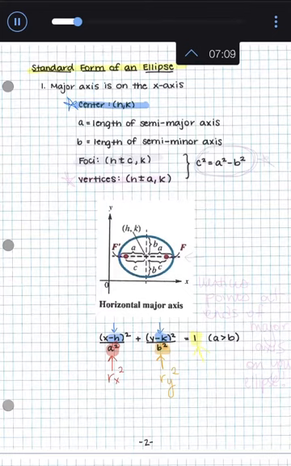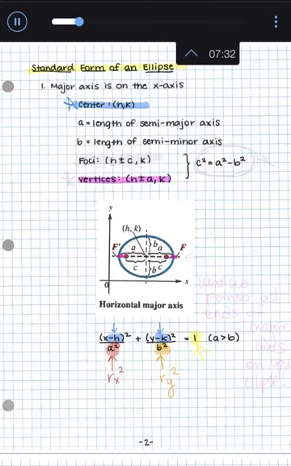Okay, how do I find the foci? Well, and the vertices. Well, the vertices, what are the vertices? The vertices are always the ends of the ellipse on the major axis.